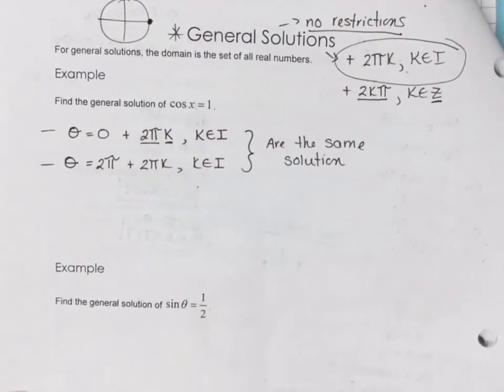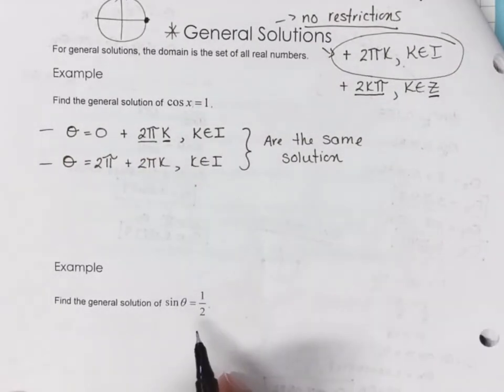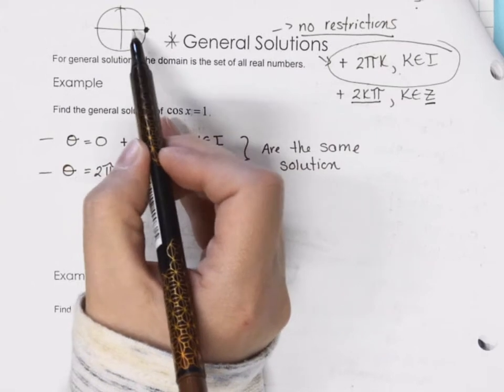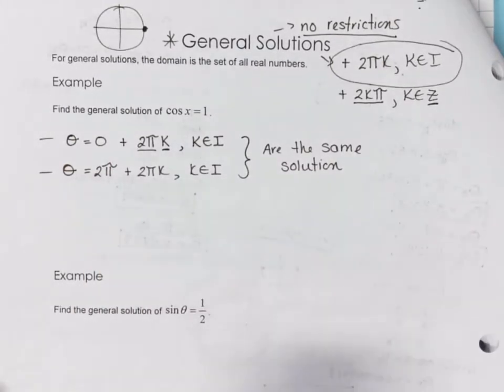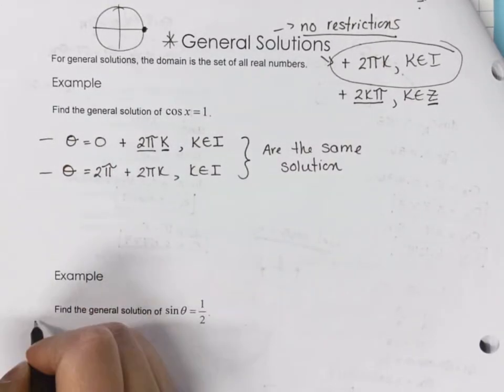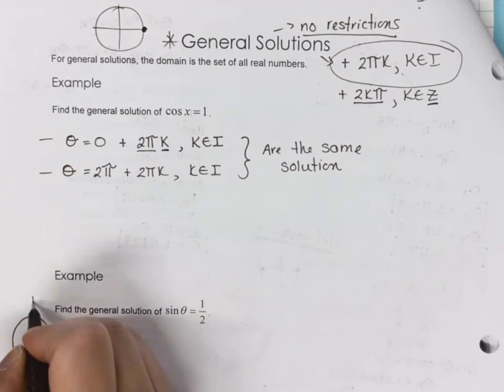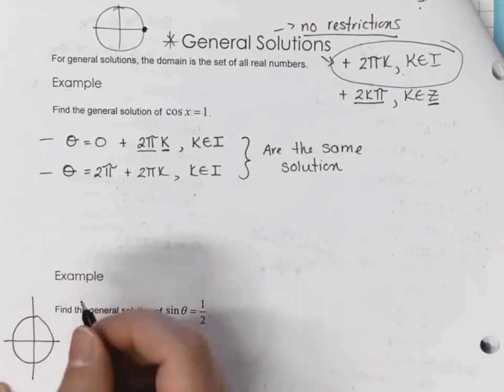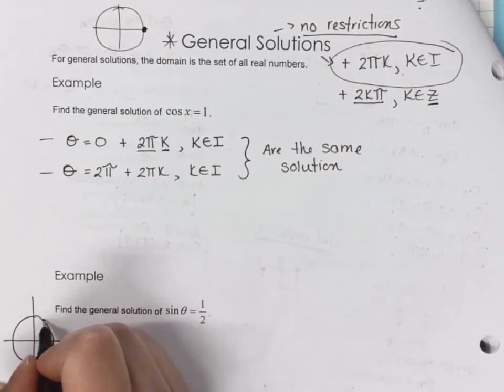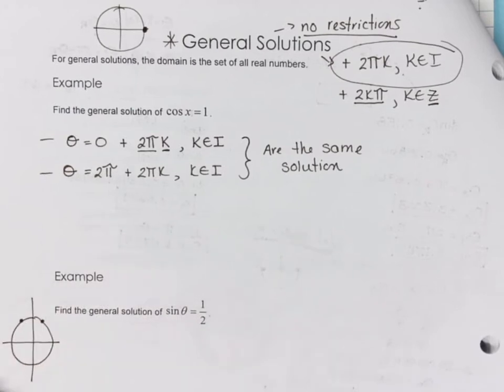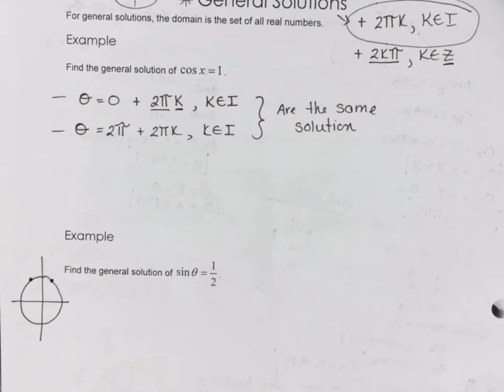I like doing it because when we get into these ones, you will have 2 solutions. Because if we looked at this picture, it just has 1 solution. When we go here, where are my 2 solutions? Where's sine positive? 1 and 2. So we have answers there and there.